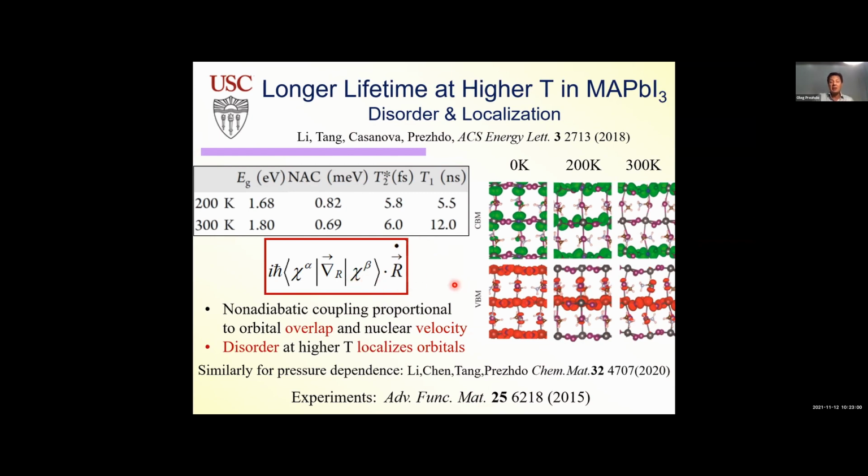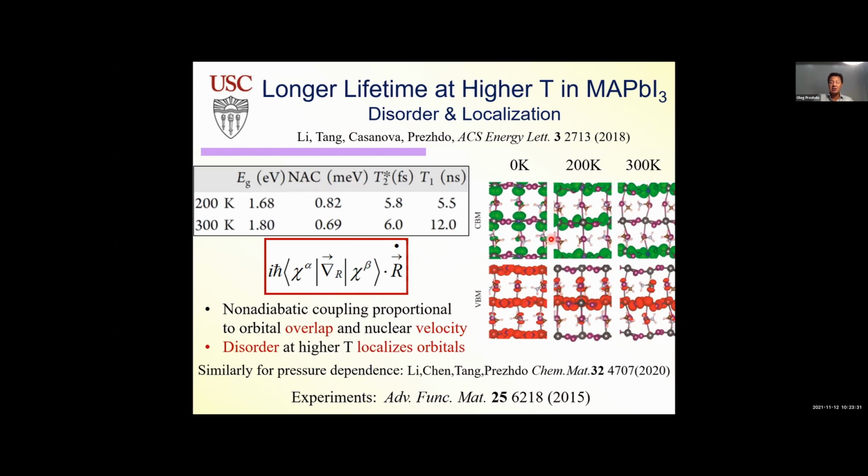Because of that, lifetime usually becomes longer at low temperature and shorter at high temperature. But solar cells are usually heated up. So the fact that lifetime becomes longer at high temperature is very useful for solar cells. And this is what people see in experiments. And this is what we saw in the calculation, which was quite surprising for us, because the non-adiabatic coupling should be larger at high temperature because velocity is larger, but it came out to be smaller. Why? Because it's not just velocity, it's this matrix element that also matters.